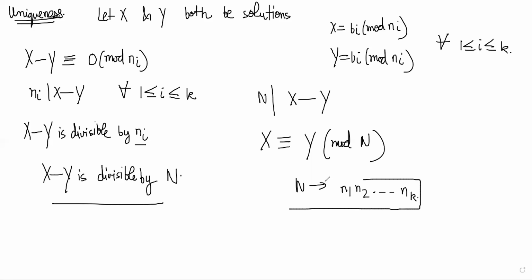So the uniqueness part of the theorem said that there is a unique solution modulo n1, n2, nk. We have proved that if there are two solutions, they will always be congruent to each other modulo n1, n2, nk.